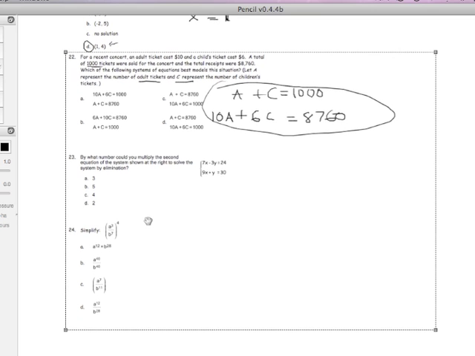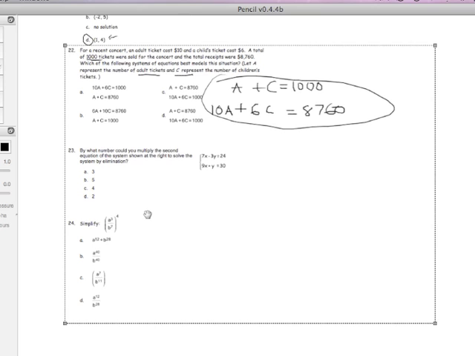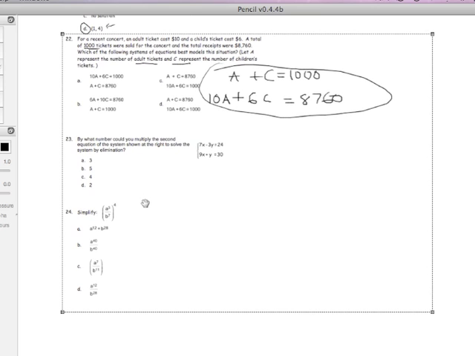Number 23. By what number could you multiply the second equation of the system shown at right to solve the system by elimination? So we're looking at this equation right here, and just let your mind kind of bounce back and forth between these two equations.